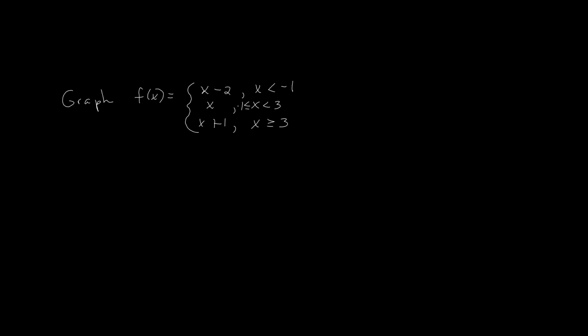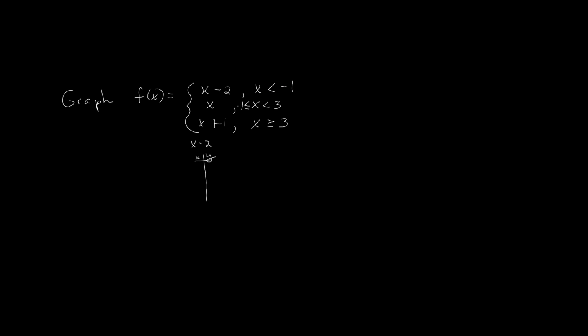The simplest way to do that is just to make some tables. We'll start with x minus 2, the first one, and make a little table of x's and y's and start plugging numbers in. But we can only put x values here that are less than -1.